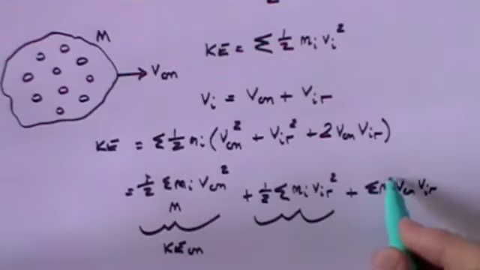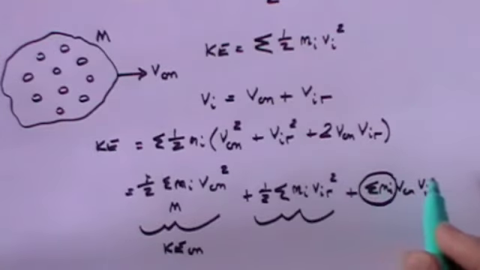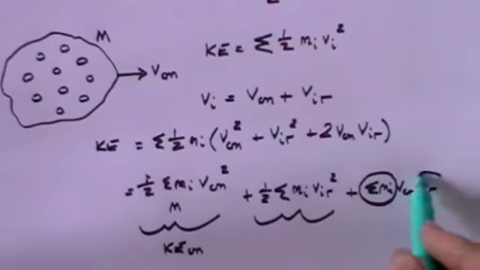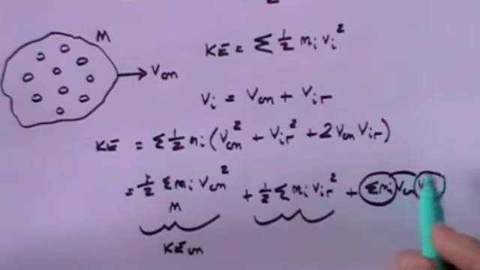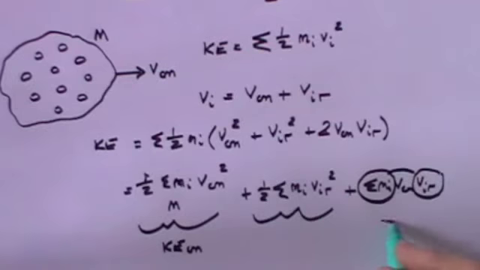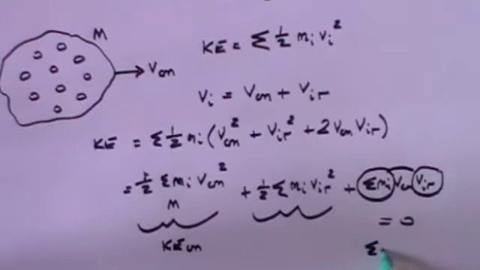And now once again we've got a sigma mi times vir, and that equals 0 for exactly the same reason that sigma mi xi equals 0 when the origin is at the centre of mass.